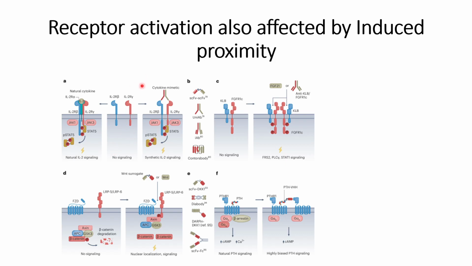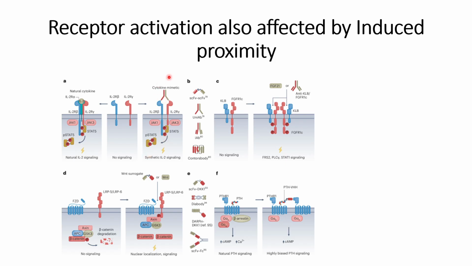So some synthetic bispecific antibodies have been developed that can interact with interleukin-2R beta and interleukin-2R alpha, commonly called cytokine mimetics, which are able to mimic the same effect of the natural cytokines, that is, activating the downstream signaling, synthetic interleukin-2 signaling activation through the JAK1 STAT5 JAK3 complex formation and phosphorylation of STAT5 to go downstream.